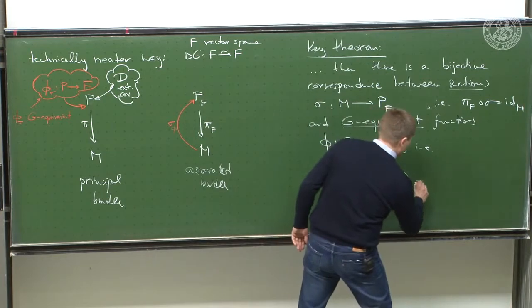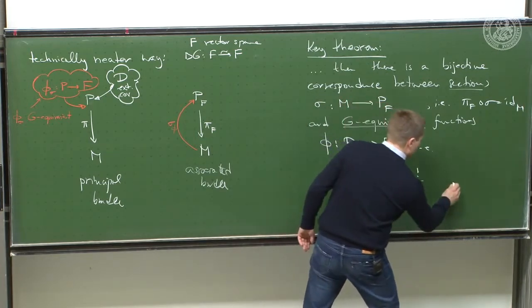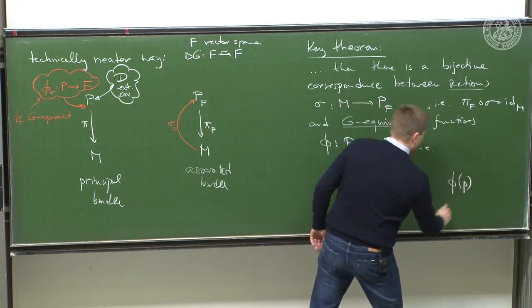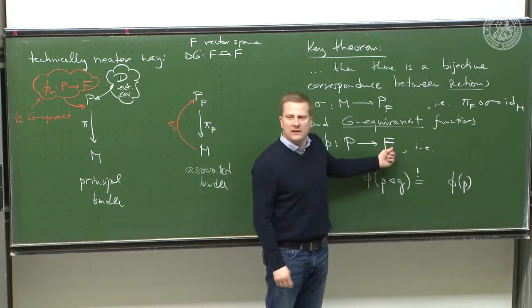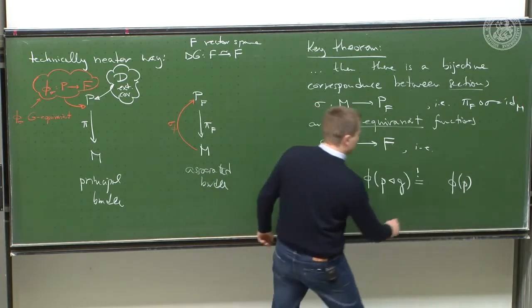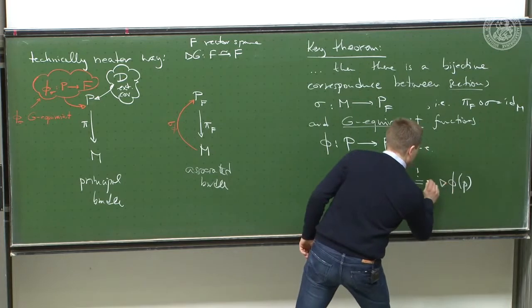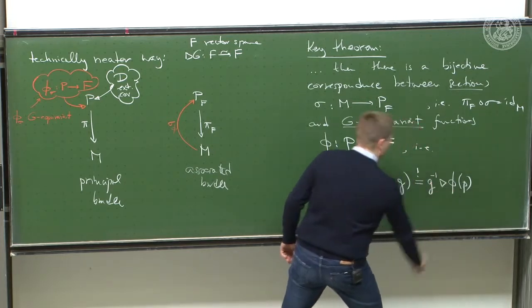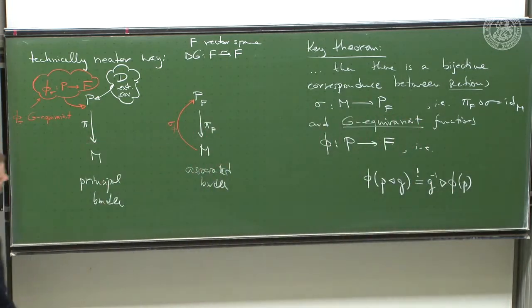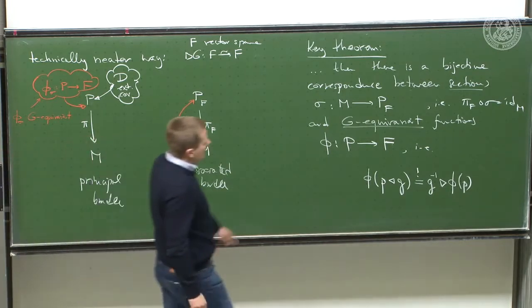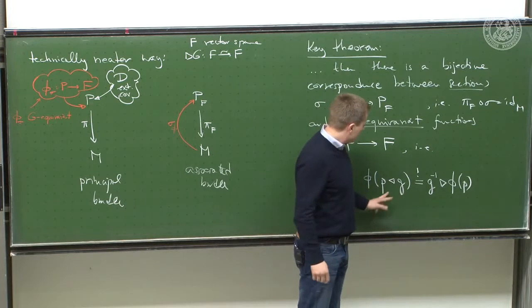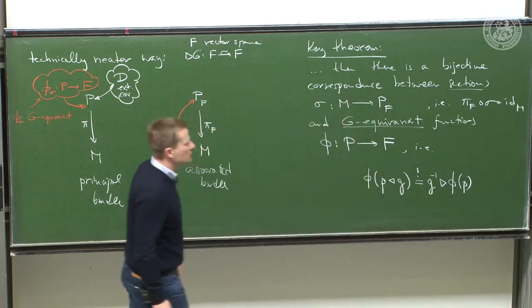And now we can require that this be phi of P, but the phi is F-valued, and on F we have a left action. That's the left action, and require that the inverse of G acting from the left on phi of P is the same as phi of P, where the P is being acted on from the right by the G.